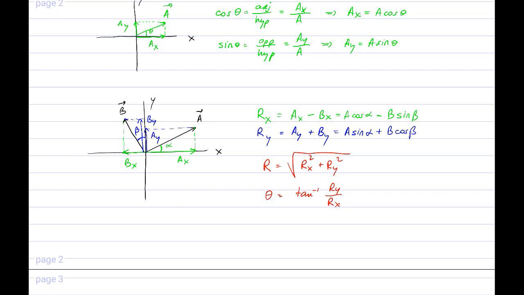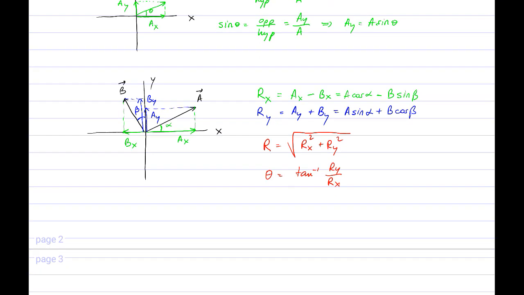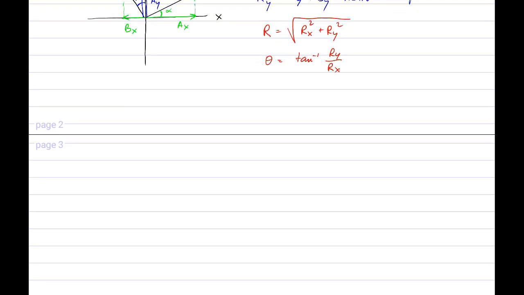Now, if you want to multiply vectors, that gets a little bit more complicated. There are two ways of multiplying vectors. There is something that we call a dot product. So if we dot A into B, then A dot B is the absolute value of A, so the magnitude of A, times the magnitude of B, times the cosine of the angle between them.